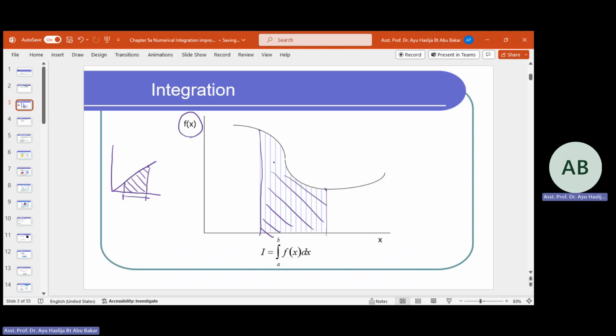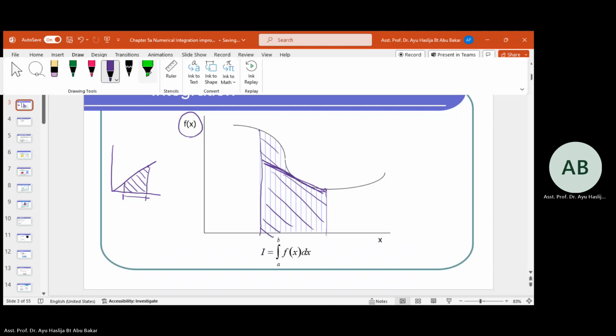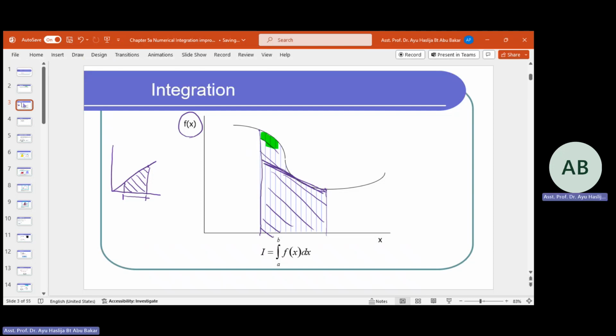So you need a specific formula to find all of this. If you apply, for example, this shape, you'll have some error. Let's say only this part is calculated. So this part is another area that is not covered, which is considered as the error.